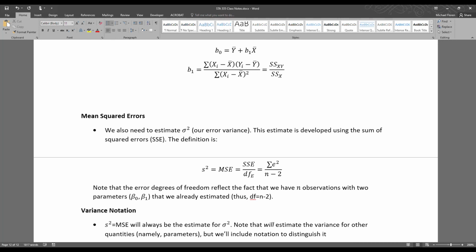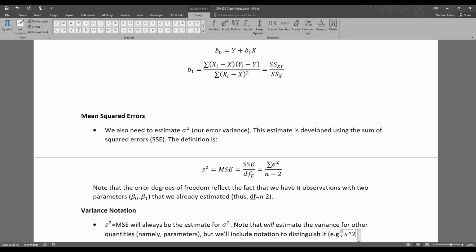So whenever you see s squared or sigma squared, that's always going to be talking about the MSE, either the theoretical MSE for the population model with all of the data in the whole world, or the sample MSE with the data just from our sample. When we're talking about other variance terms, we'll note it.